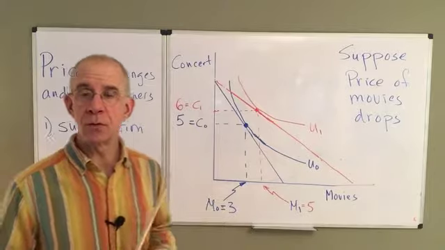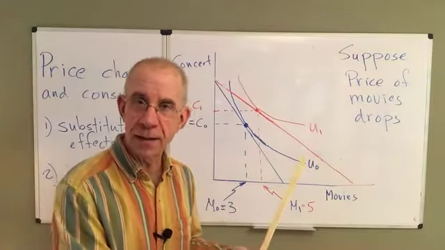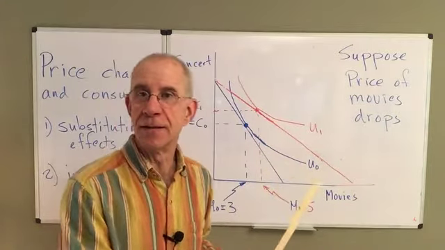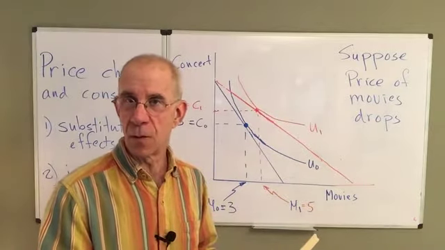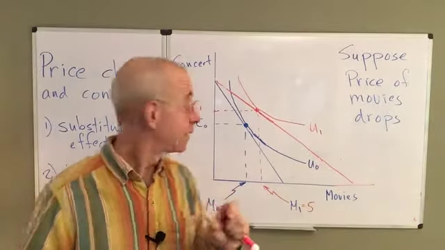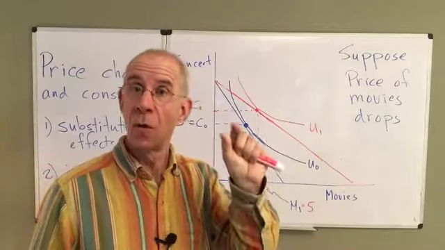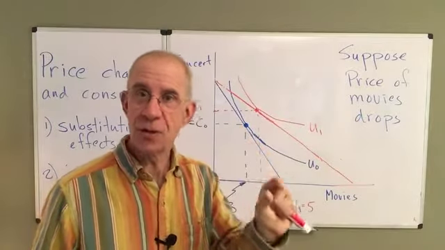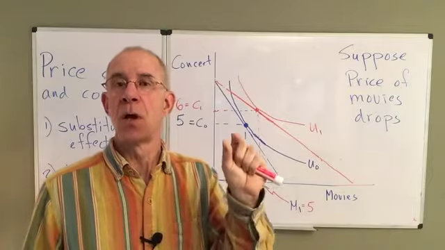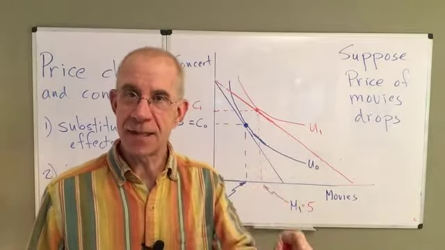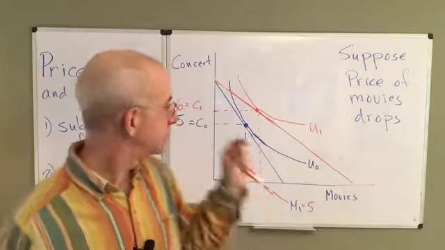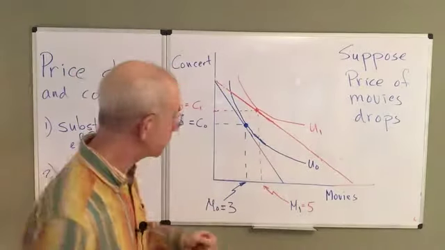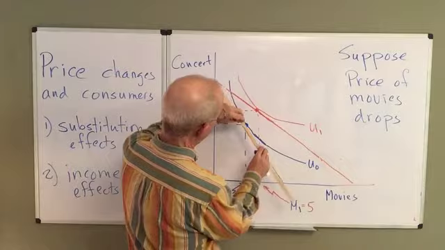What we want to do is take away the increase in income that is implied by the lower prices, and then consider what the effect of the change in the price is alone when we maintain the same level of initial utility. Same indifference curve.